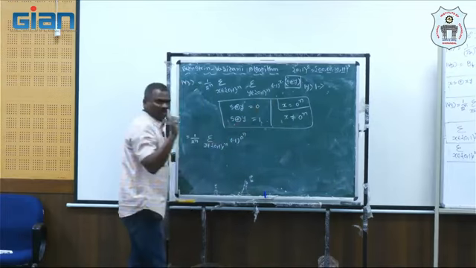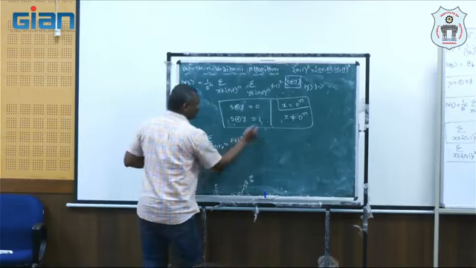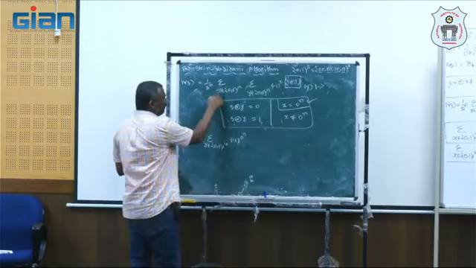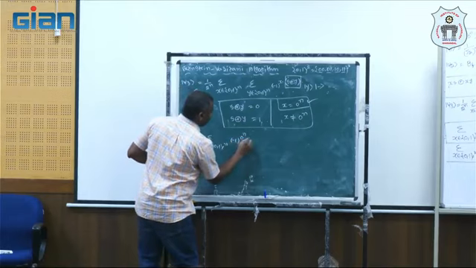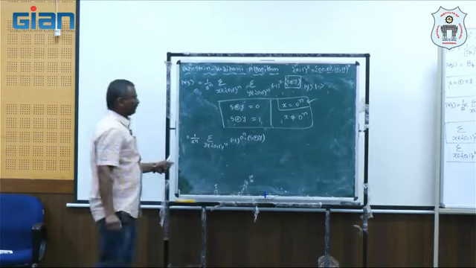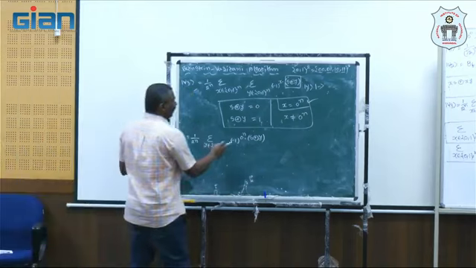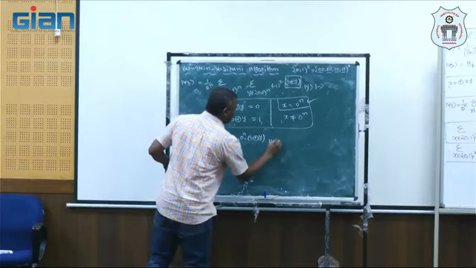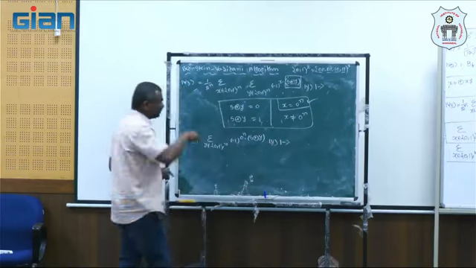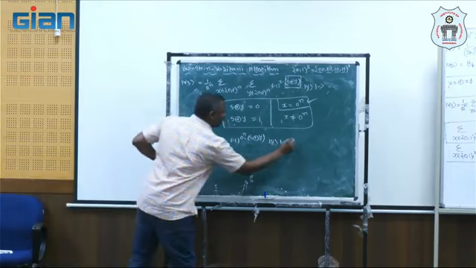X equal to 0 power n case I am writing separately, remaining all cases separately. Okay, this case I am writing now, 0 power n into s plus y ket y ket minus. This is one possibility.